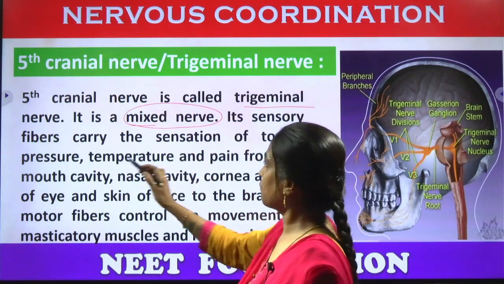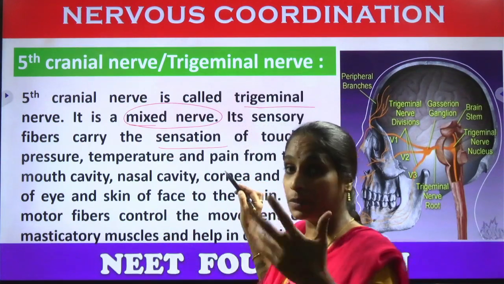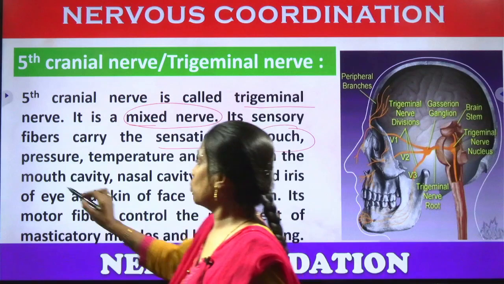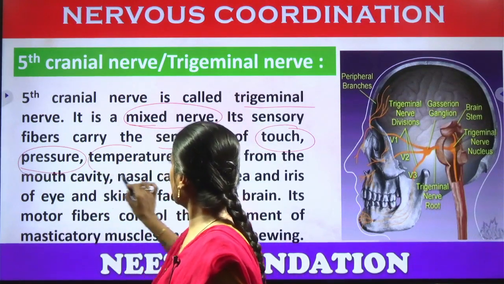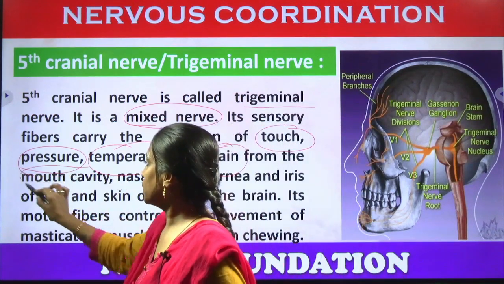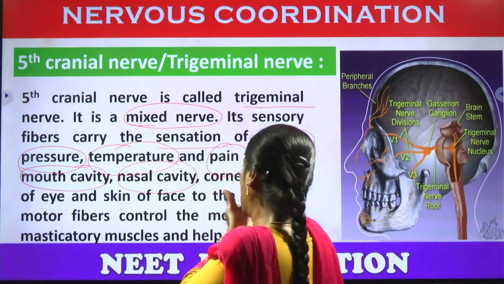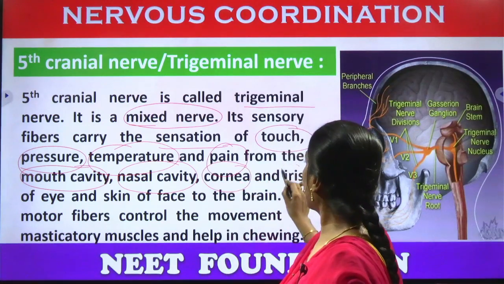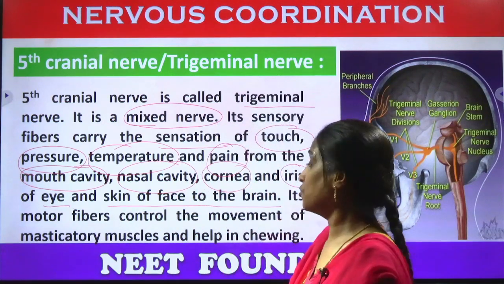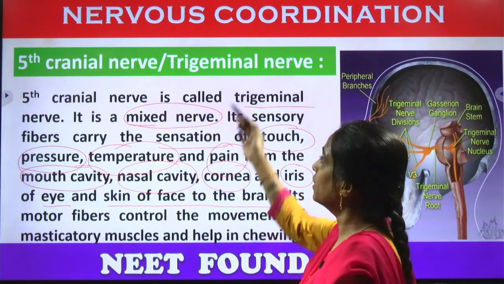It has sensory fibers carrying the sensation of multiple organs, nothing but touch. It relates to the skin, pressure on the skin, temperature in the body, and pain of the skin, and also controls the movement of the mouth cavity, the nasal cavity, the cornea and iris of the eye, and the skin of the face towards the brain. So these are the multiple actions controlled by the trigeminal nerve.